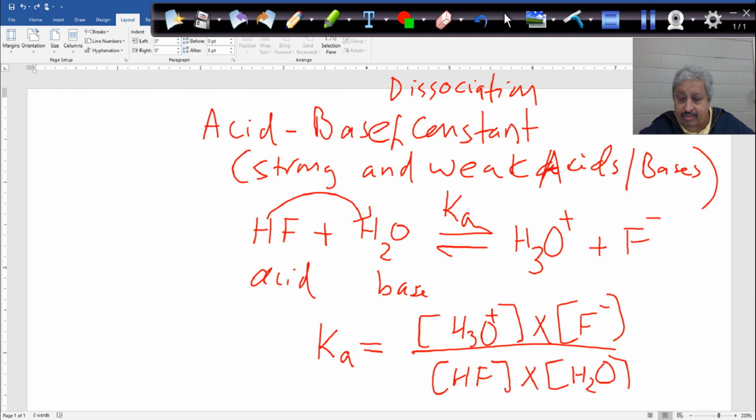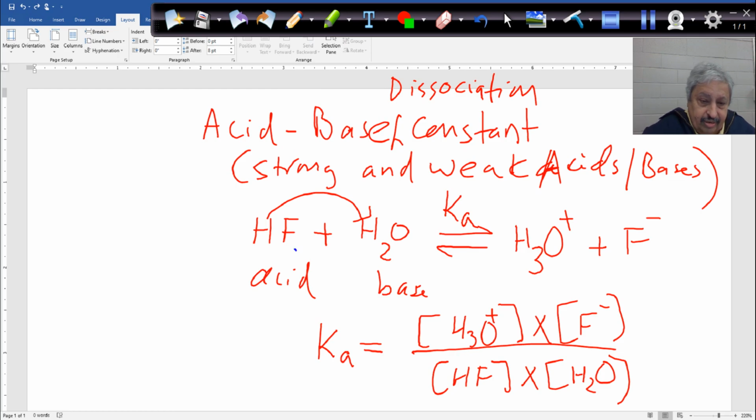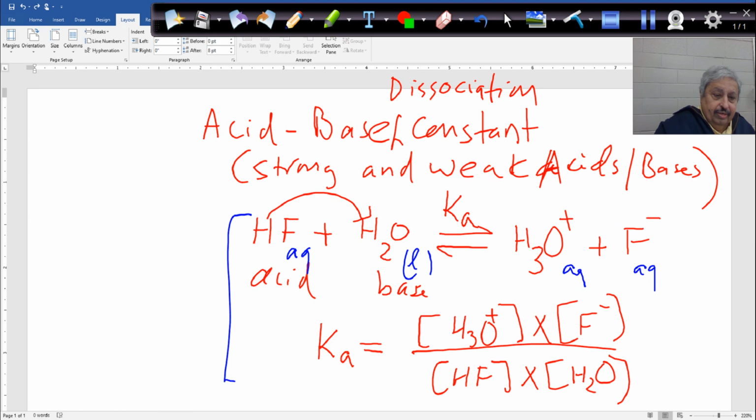Now, look very carefully at the subscripts: this is aqueous, this is liquid, this is aqueous, this is aqueous. So, number 1, keep the aqueous untouched.